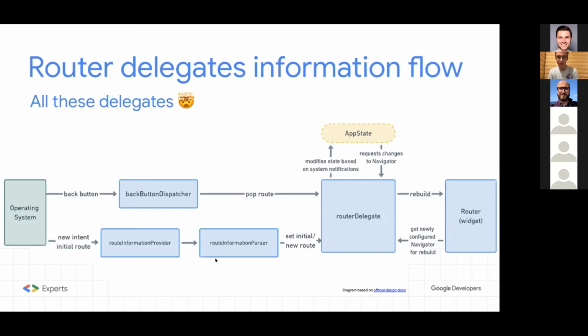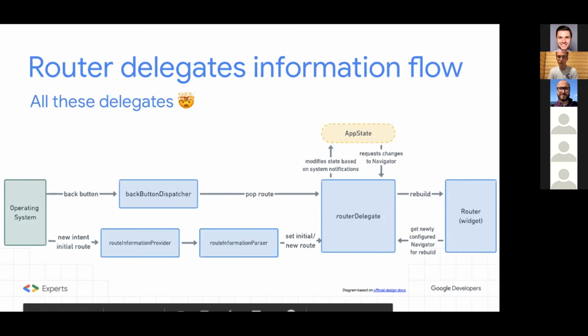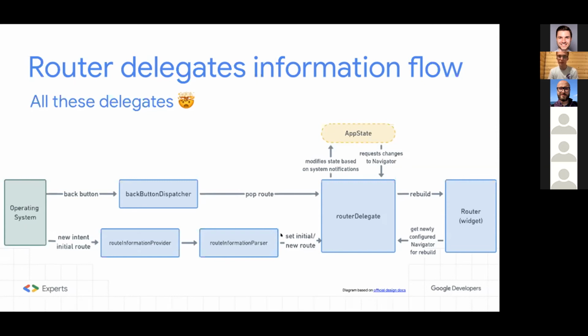And what is nice, you can call some async code here. So let's say you received a new route or new URL with some details about the product or the book, you can access some more details from your database and provide them to your new page here.